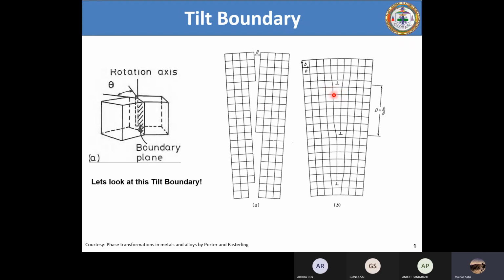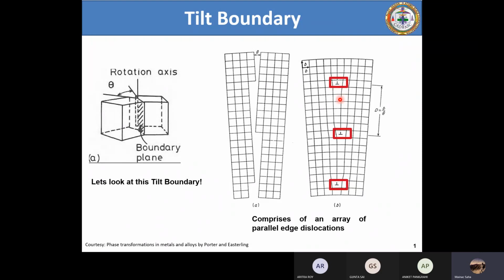So what I was talking about is at the interface, you will have dislocations. So you will have an array of parallel edge dislocations. Note these 3 words very clearly and carefully. I'm saying at a tilt boundary, a tilt boundary comprises of an array. Why am I saying array?